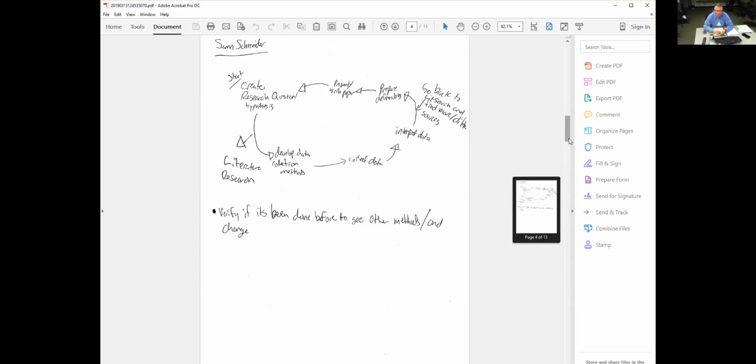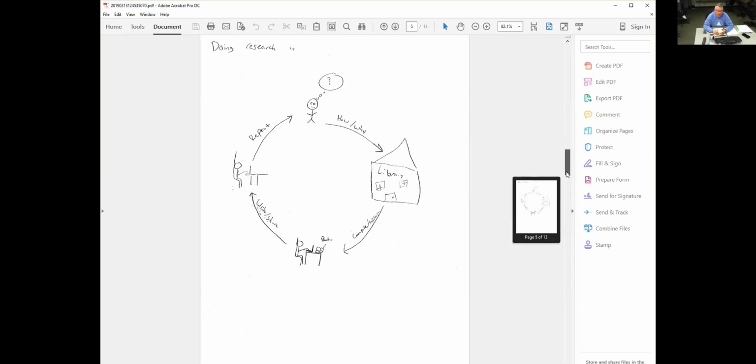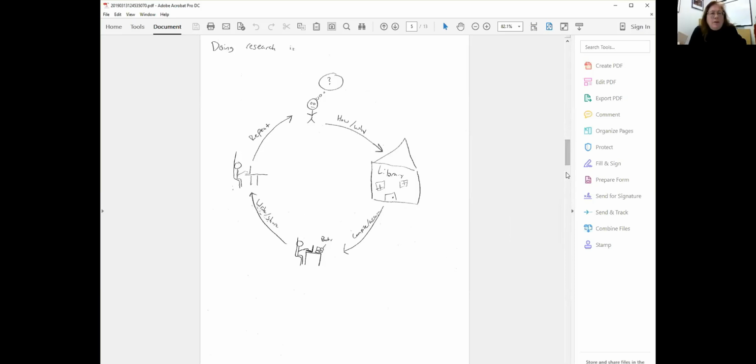I'm going to do that in my other classes now, because I find it interesting, what they think it is. They've already done part of this. A lot of them had to write a research proposal and are presenting at an upcoming conference and things like that.